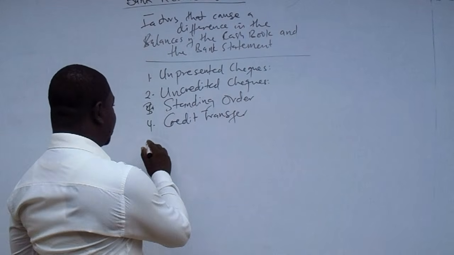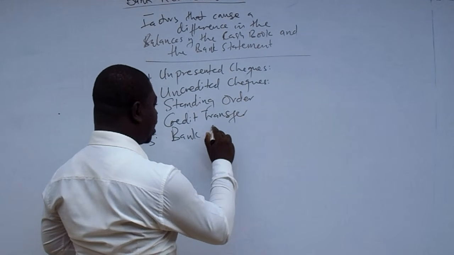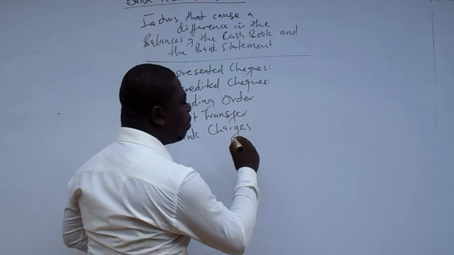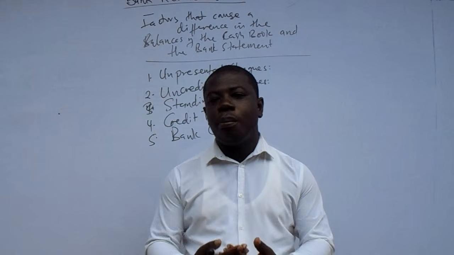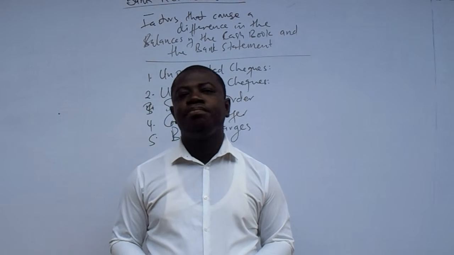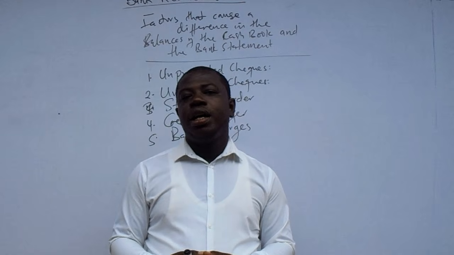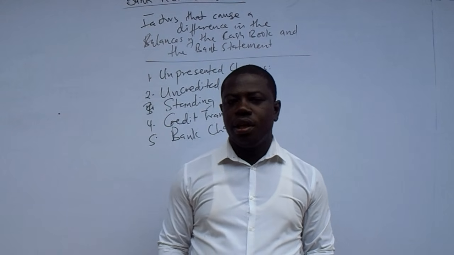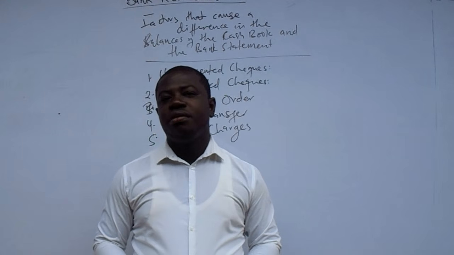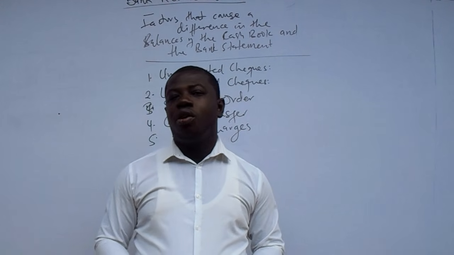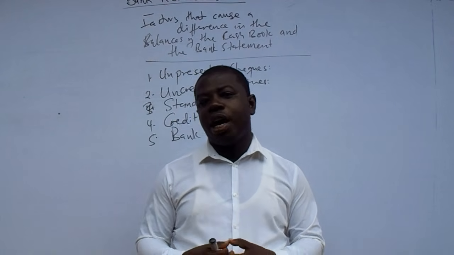The next factor that I want to talk about is called bank charges. Now, once you are operating a current account, you are bound to suffer some charges. These charges are made by the bank for rendering their services. So sometimes it will be done because of a supply of checkbook to you, just as a COT or something, a fee that is being paid on your account by a business.